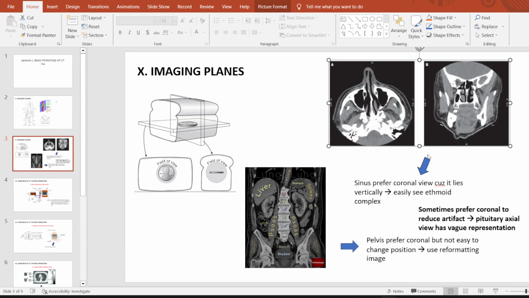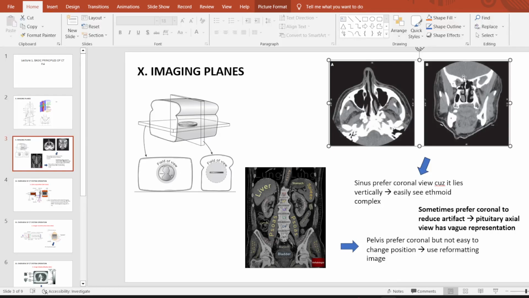For example, the sinus. The sinus prefers the coronal view because the sinus lies vertically. You can see right here this is an axial plane of the sinus, but the right picture is our view in the coronal plane. Because the sinus lies vertically, if we change to a coronal view, we can easily see the ethmoid complex.